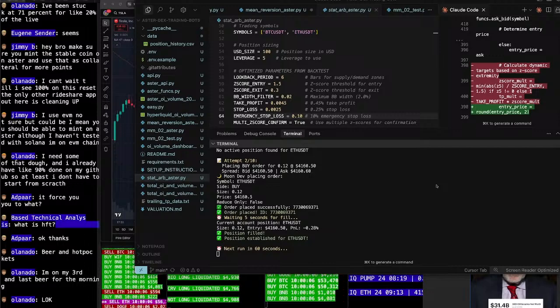So it runs every 60 seconds. And it seems like it makes a trade on every single 60 seconds. So let's wait for it.